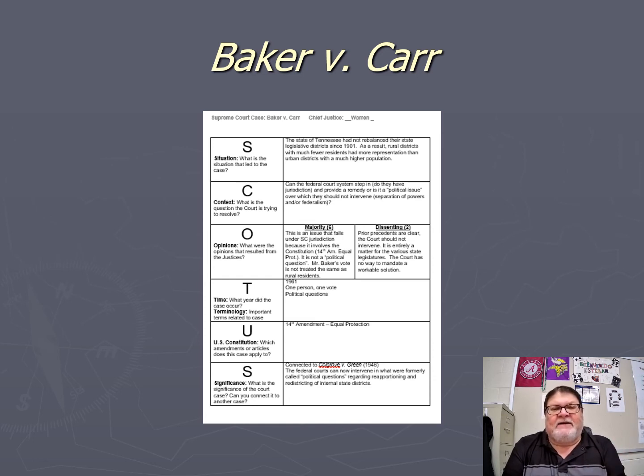More people start moving to the cities, so the cities have larger numbers of population. The rural areas have smaller numbers of population, but they're all represented by one representative each. So basically, you had one representative for 10,000 people here, and one representative for 500 people here.